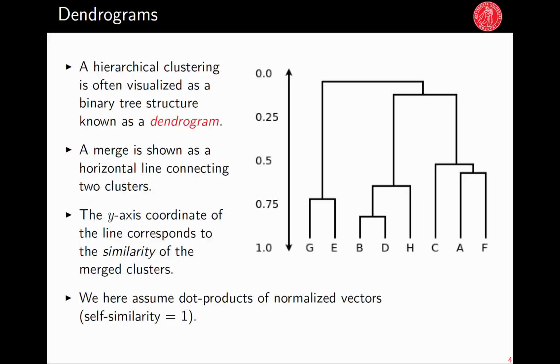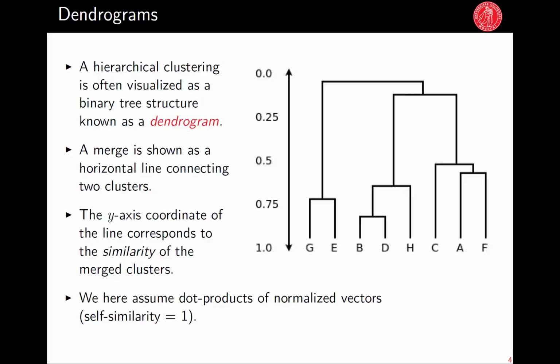And we see that because it has the highest similarity value, right? So here we might assume that we've used the dot product, for example, as our similarity measure for the individual objects that we compare. We'll get back to the details of how the actual similarity scores are computed here. But at least let's assume that a higher score, so further down on the y-axis here, means more similar.